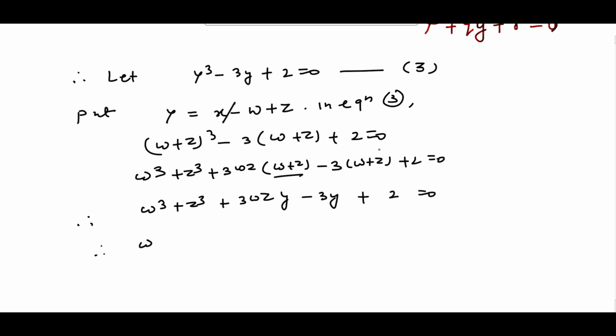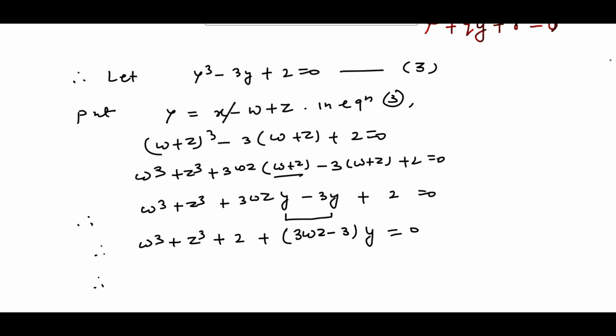So now here w cube plus z cube plus 2, and take the y common from these two terms, it will give 3 wz minus 3 times y is equal to 0.